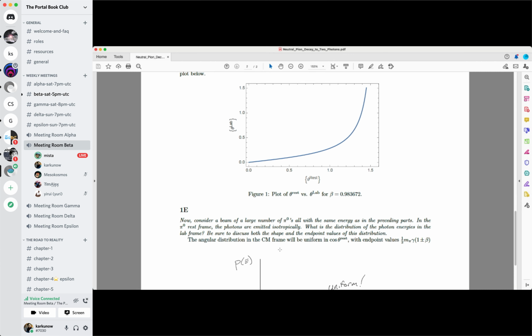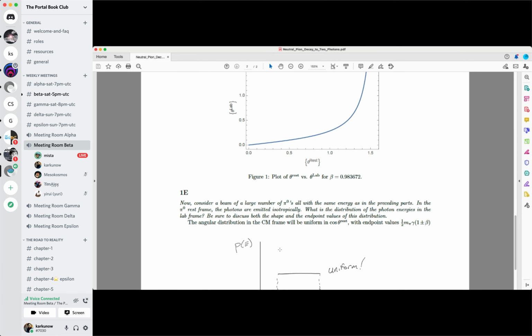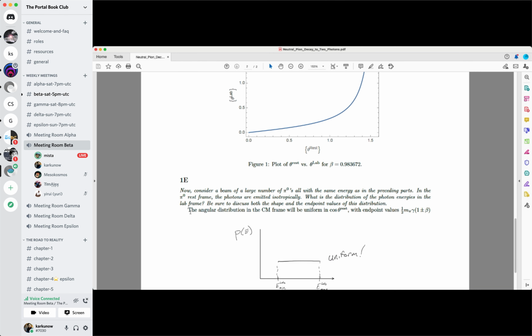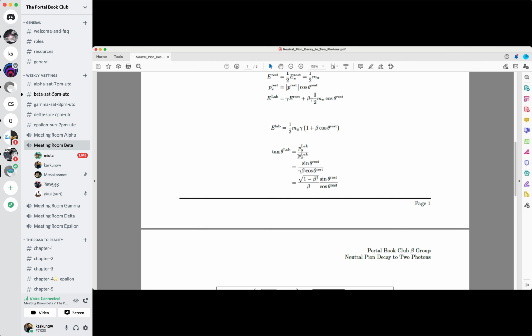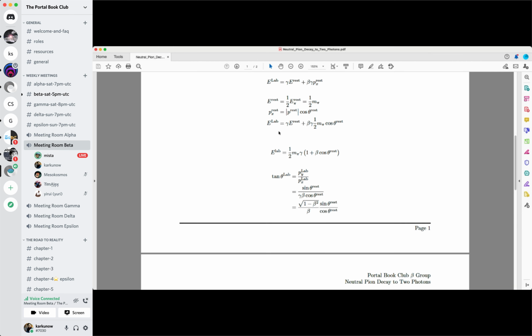So it turns out that, let's go back up to this equation up here. So we got this, right? The energy in the lab frame in terms of just cosine theta rest.